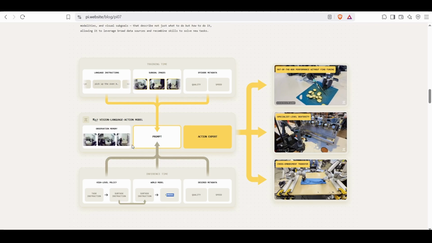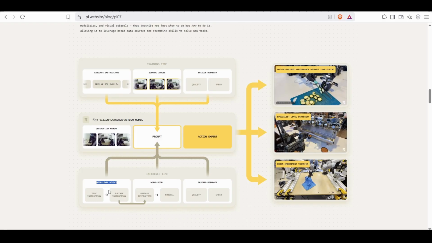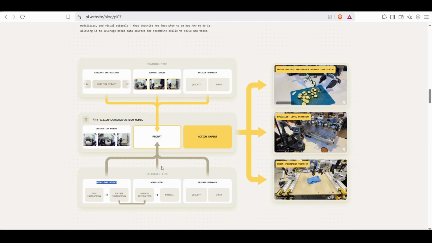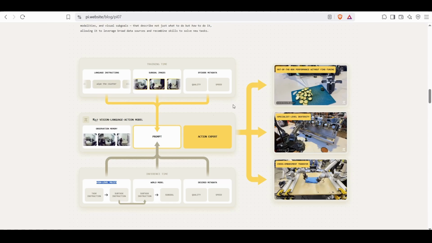And you have to train these in a way where all three of these are properly aligned or everything just flies off the rails. I mean, think of a high level policy model that generates some garbage subtask, like if you say, oh, clean the bedroom, and it first decides, okay, pick up a knife from the kitchen. Well, then your world model is going to generate a garbage sub-goal image, and then the prompt's not going to know what to do with that, so the actions are going to be completely off.